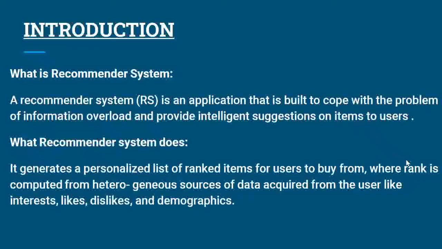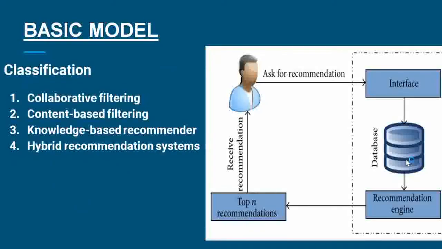Now we move forward and look at the basic model of a recommender system. We look at the picture depicted on the slide. It shows an abstract way of how a recommender system works. First one, interface, database, recommendation engine, then top recommendation that is sent to the user.